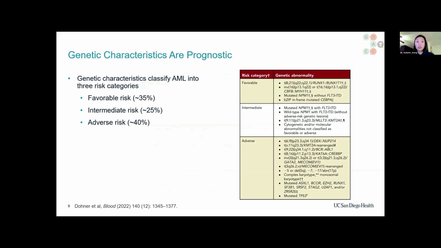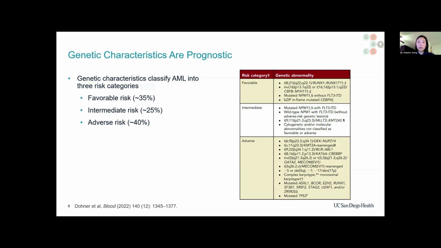Also, these genetic characteristics are prognostic. They tell us how aggressive the leukemia may behave in the future. And broadly, we have three risk categories. These were also updated last year by the European Leukemia Network.